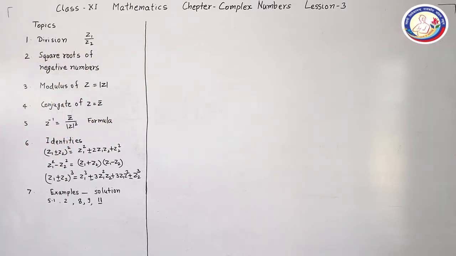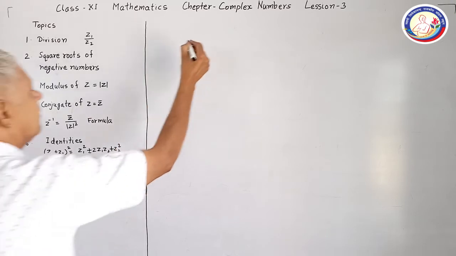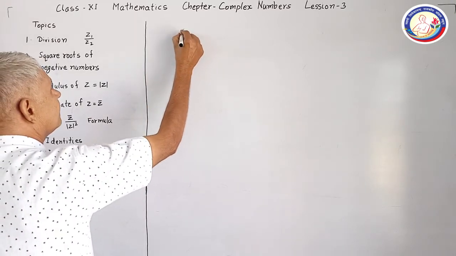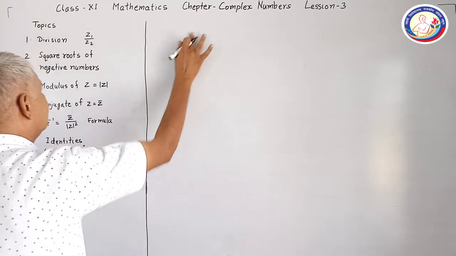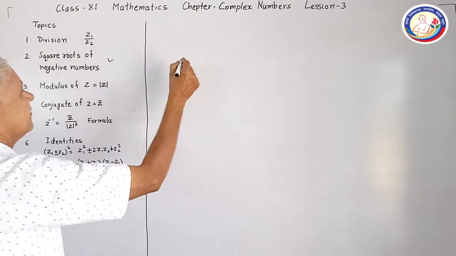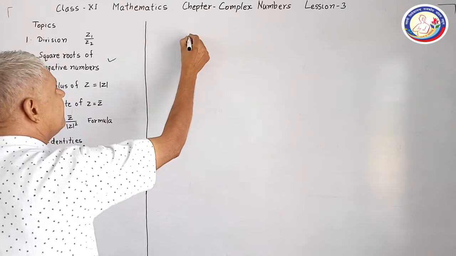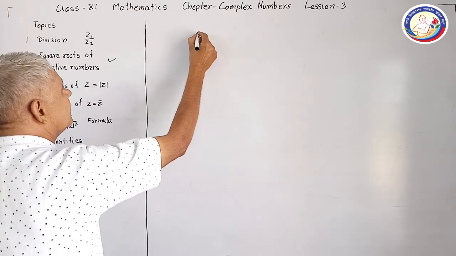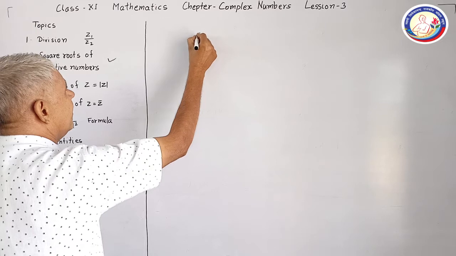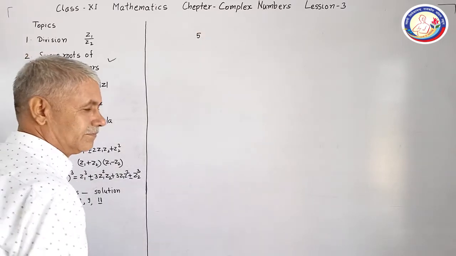Square roots of negative numbers. This is the topic we are taking in this chapter. Say there is a number 5, which is positive.